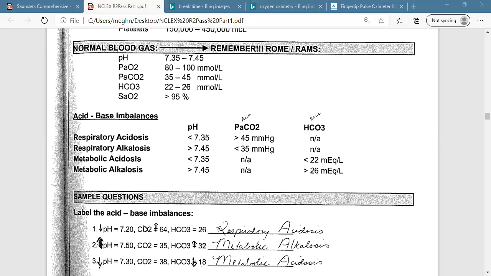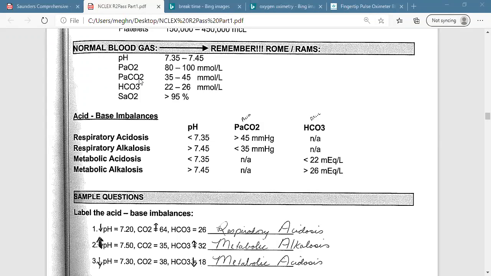If the question number 1 says the partial pressure of carbon dioxide is 64, it is more than 45. So note here: carbon dioxide is the marker of respiratory problem.